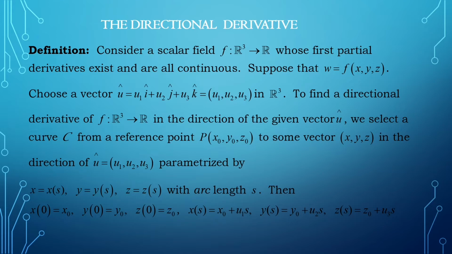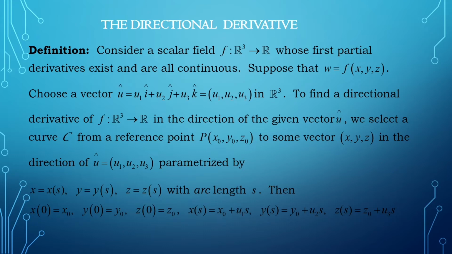Now what happens? At the initial displacement, x of 0 becomes x naught, y of 0 becomes y naught, z of 0 becomes z naught. So these three give the values of x of s, y of s and z of s at s equals 0 at the initial displacement.